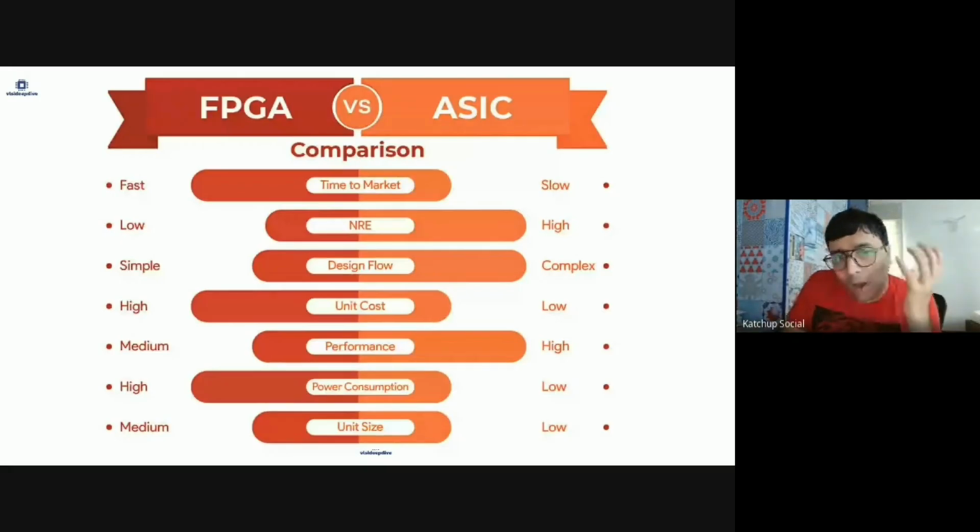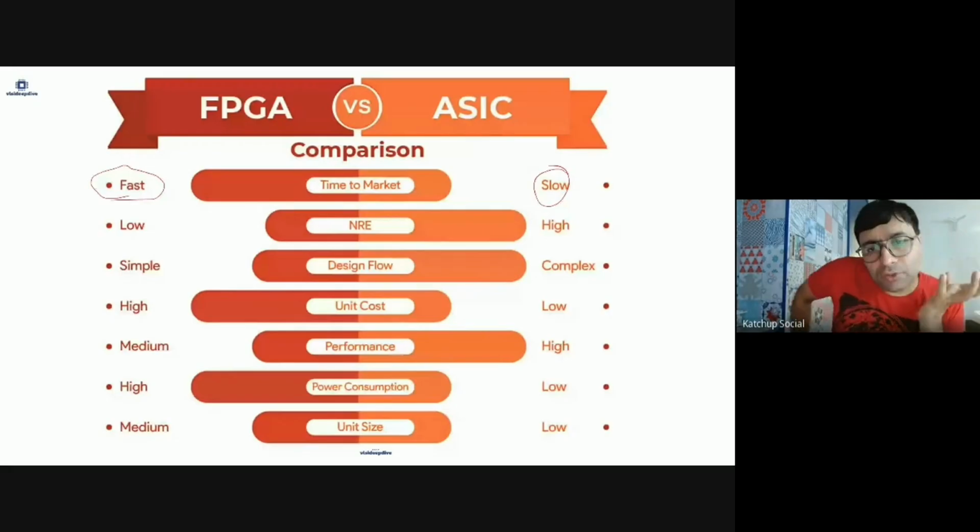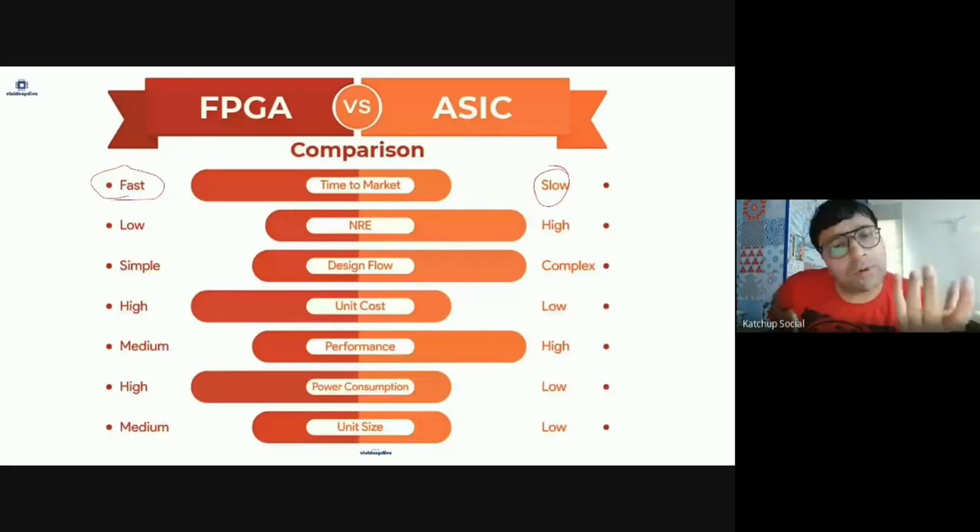Because you are putting it on a board which can be purchased in the market, and you just have to design your RTL, it's faster. You are able to design your product faster. While in ASIC, you have to go to the foundry, and you have to make sure you have done place and route with respect to the foundry. The ASIC processor is a little slower.